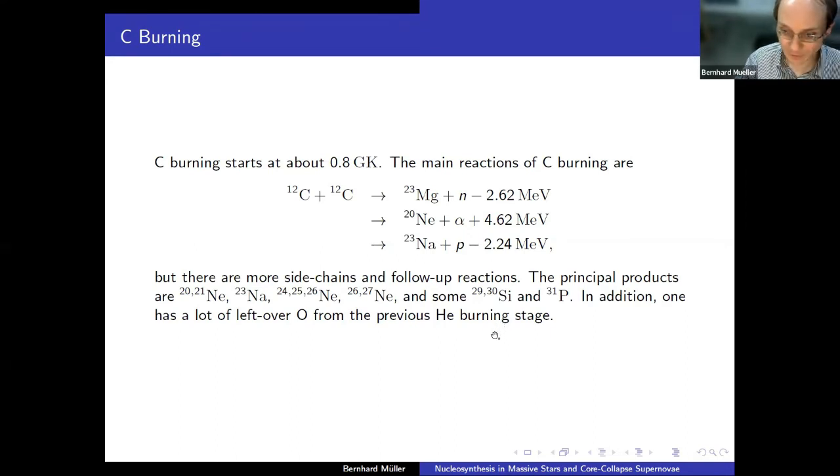Carbon burning starts to be a little more complicated than helium burning because all these reactions of the more massive nuclei tend to have more branching reactions, and the number of less important, less abundant isotopes that you make gets bigger and a little more difficult to keep track of.